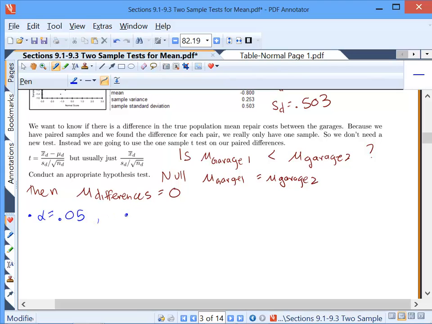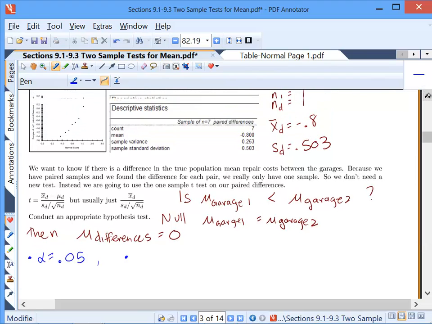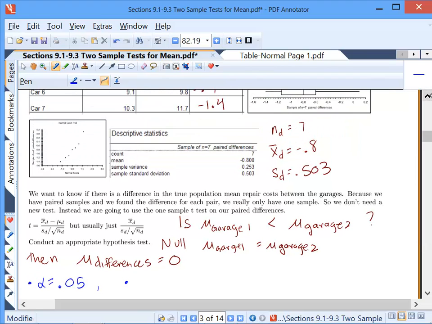We also need to check our assumptions. Do you remember what our assumptions are? We need a normal population or a sample size of at least 30. So is one of those met here? Okay, get that normal quantile plot. That looks fairly like a straight line, so we have fairly normal.